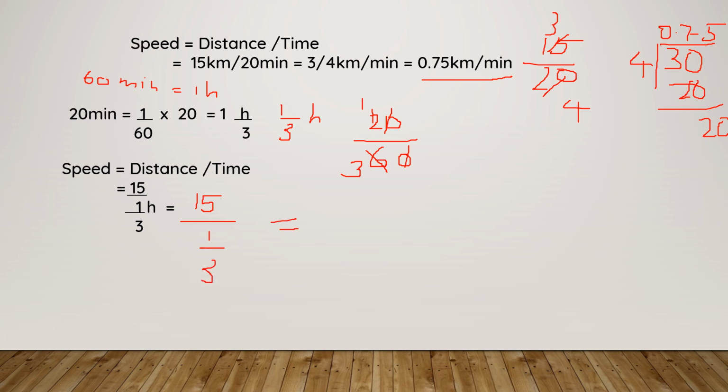Then how we will do this? First you take the reciprocal of 1 by 3 and do. Okay, so 15 into 3 by 1. 15 into 3 equals 45 kilometer per hour.